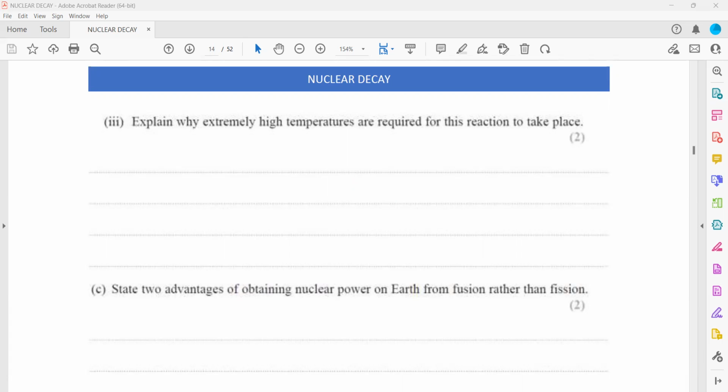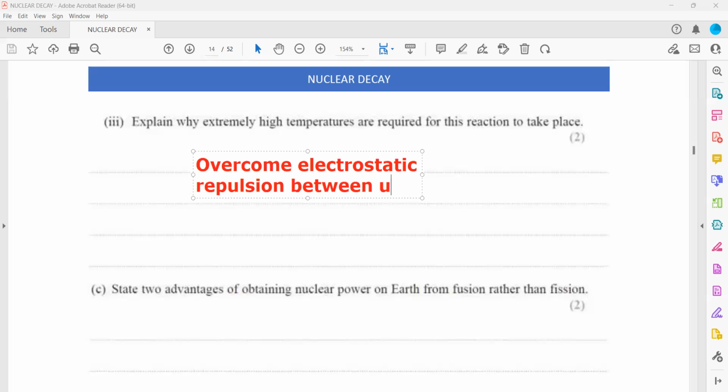The particles must have very high kinetic energy so they overcome the electrostatic repulsion between the nuclei and fuse together.